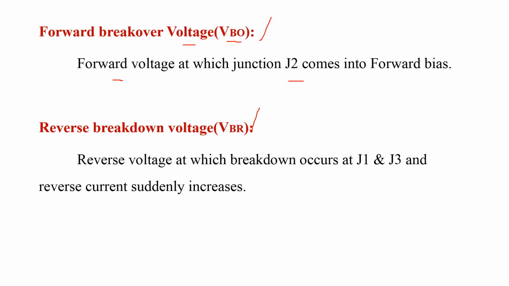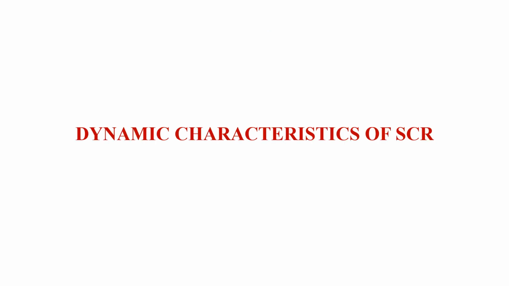Reverse breakdown voltage is the reverse voltage at which breakdown occurs at junctions J1 and J3 and a high amount of reverse current flows through the SCR. These are the concepts of forward breakover and reverse breakdown voltages. That is about the static VI characteristics.